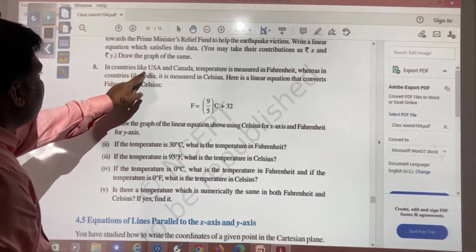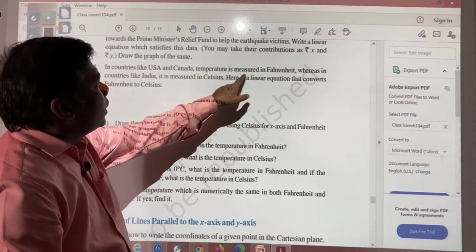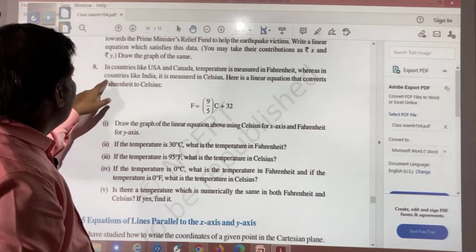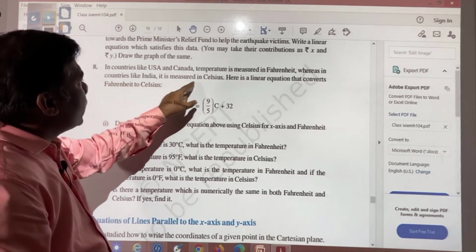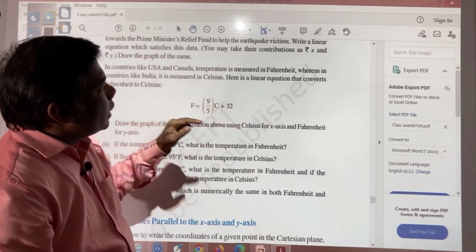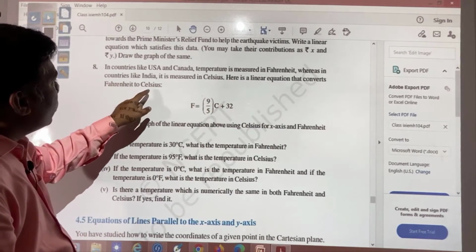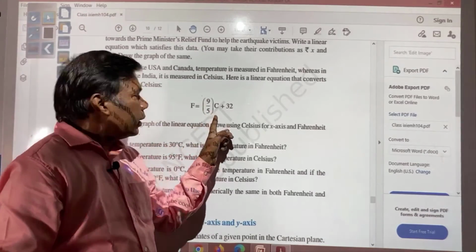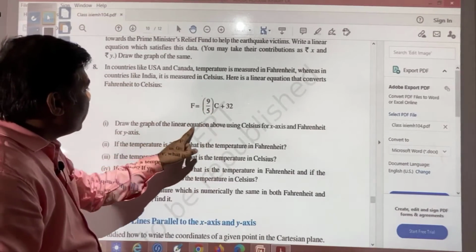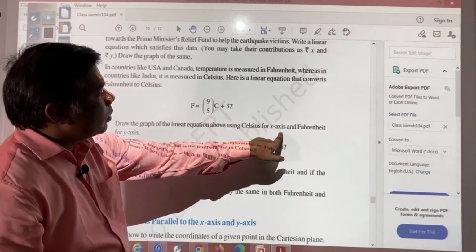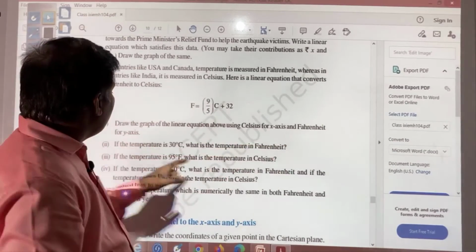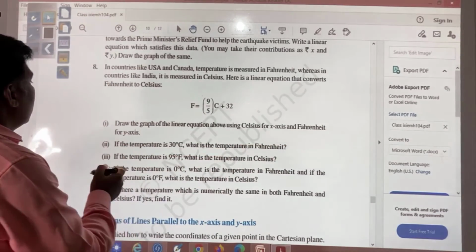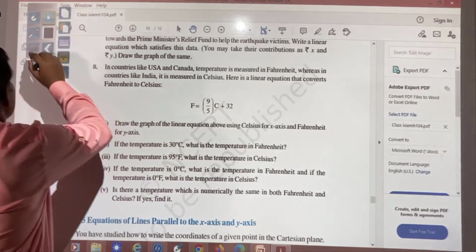In countries like USA and Canada, the temperature is measured in Fahrenheit, whereas in countries like India, it is measured in Celsius. Here is a linear equation that converts Fahrenheit to Celsius, that is F is equal to 9/5 C plus 32. Draw the graph of the linear equation above using Celsius for x-axis and Fahrenheit for y-axis. So here you see how we will do.